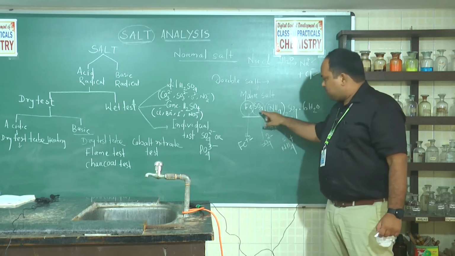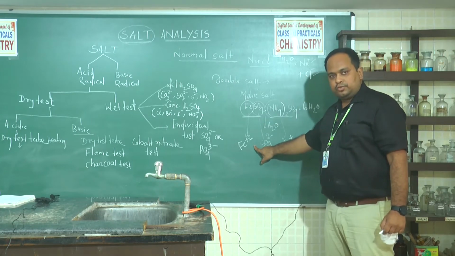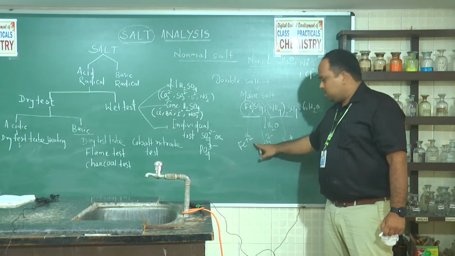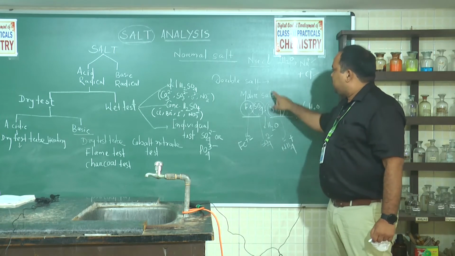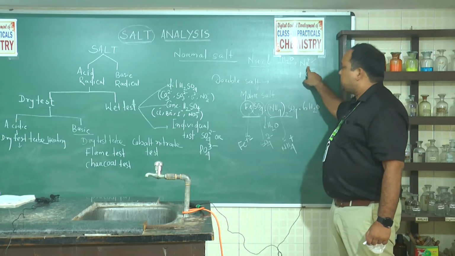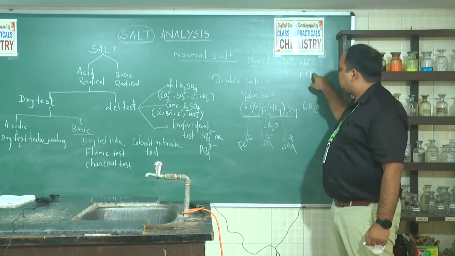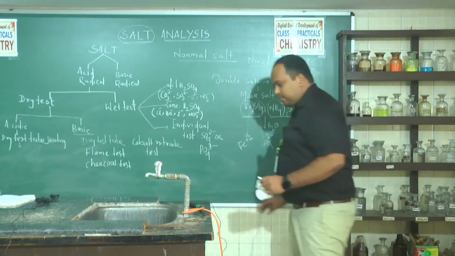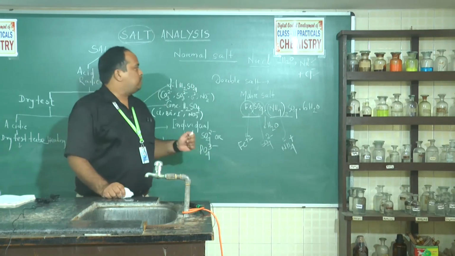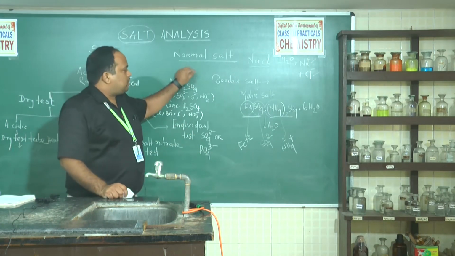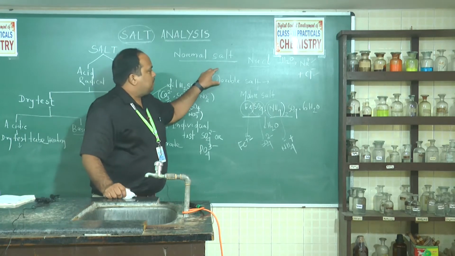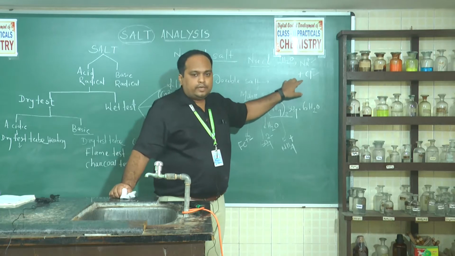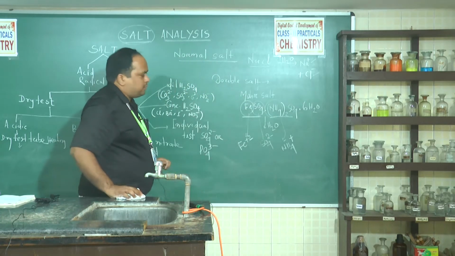When dissociated, it will give its constituent ions Fe plus 2, SO4 2 minus, ammonium ion. In a single salt also, it is dissociated into its constituent ions, Na plus, Cl minus. So normal salt and double salt, when you put in water, are completely dissociated into their constituent ions.